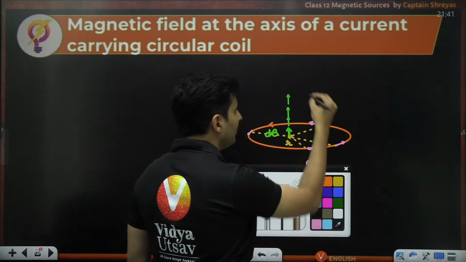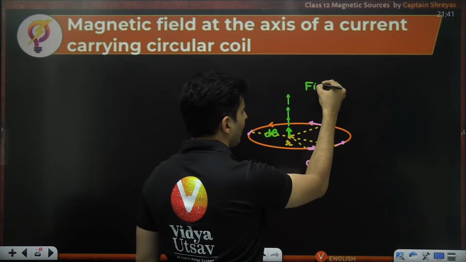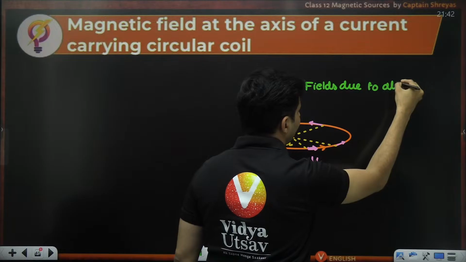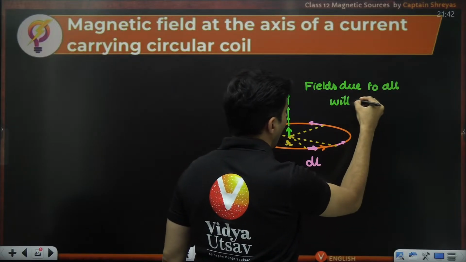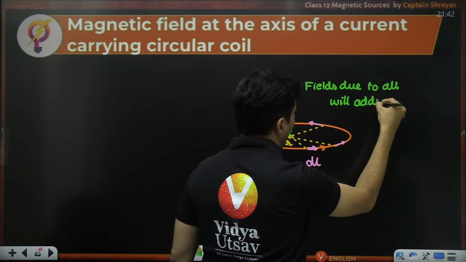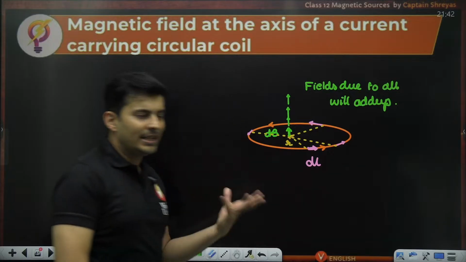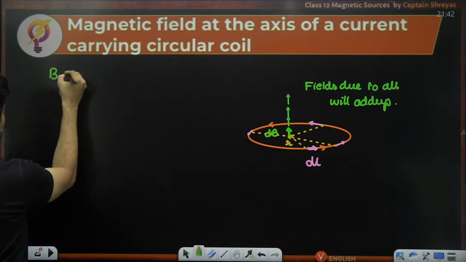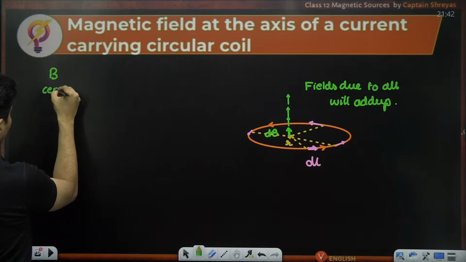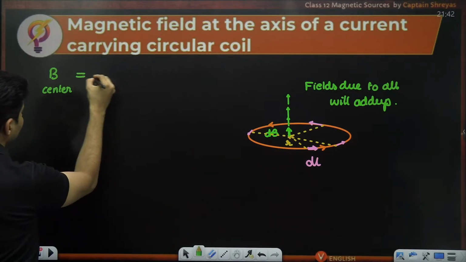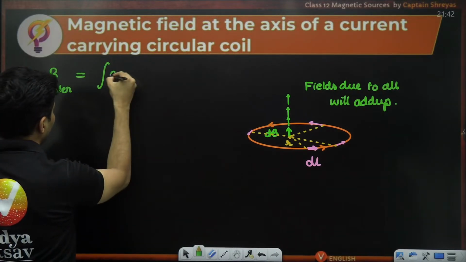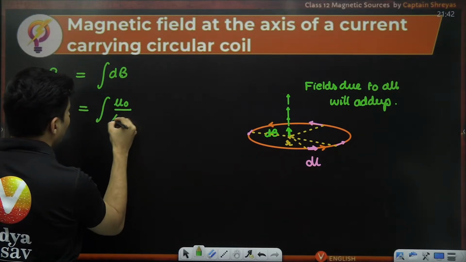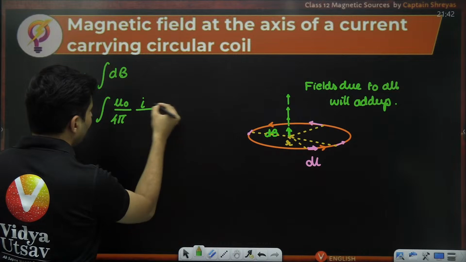So the fields due to all will add up. The net magnetic field at the center of the coil is a simple summation. It's an integration of dB, which is the integration of mu naught by 4 pi I by distance.